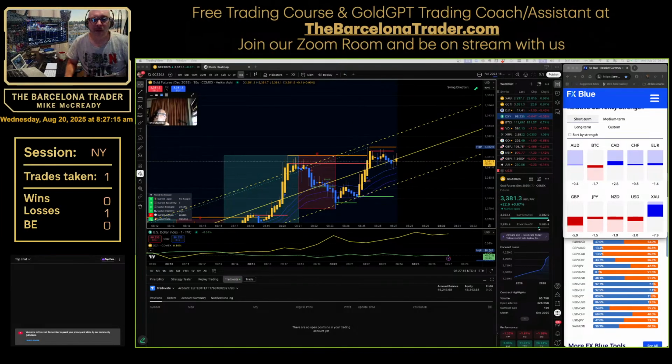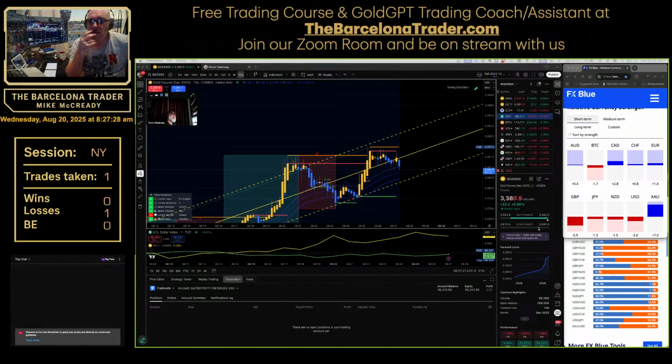When I got in earlier, I thought it was going to keep going, and it had a little bit of room to run before it hit the point of control, but now it's hit it. The high today is 33.38 on spot, and that's where it's not breaking.